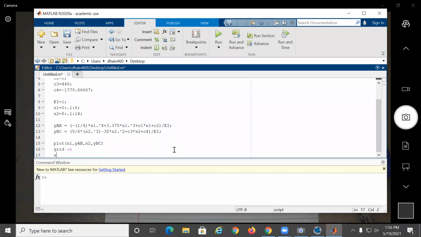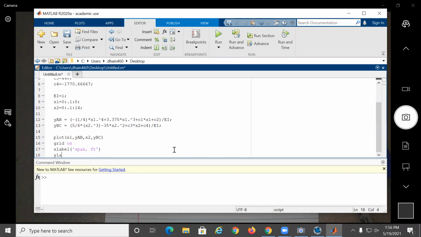X label, maybe we can say span in feet. And on the Y axis, Y label will be deflection curve, which is Y of X. That one will also be in feet according to the units we have been using.